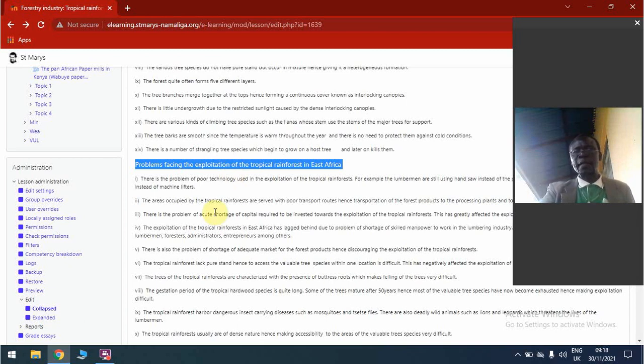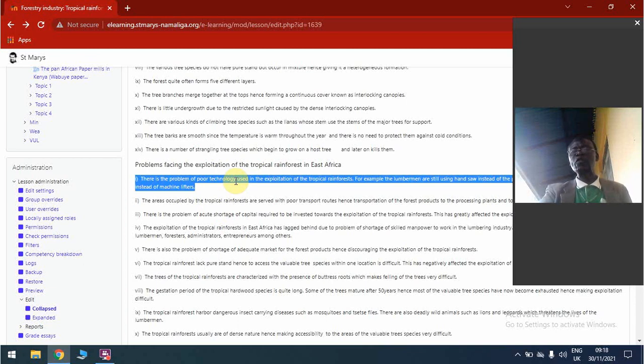Number one, the people who are involved in the exploitation of the tropical rainforest use poor technology. For example, you will find the lumbermen use axes or pangas for cutting the trees. You can't cut a huge tree using a panga or an axe.